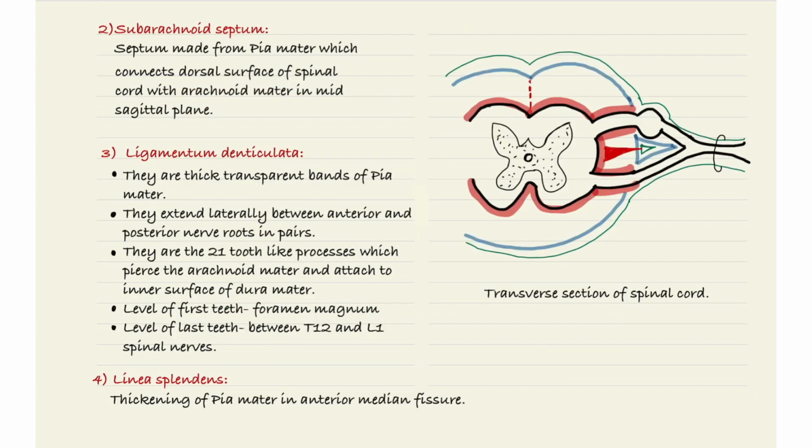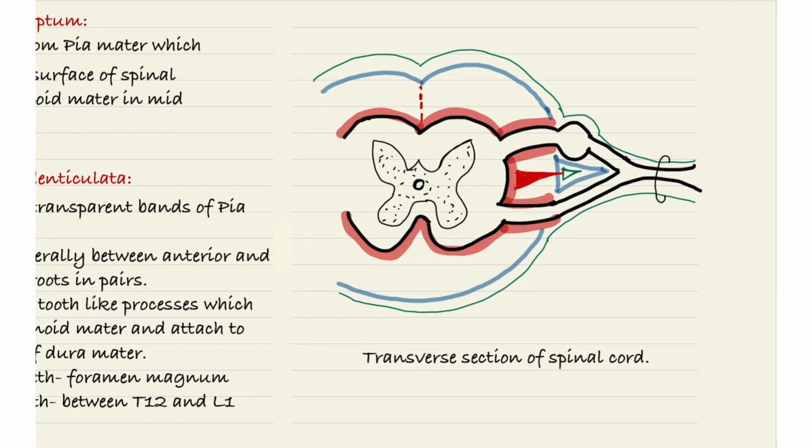Now the second one is the subarachnoid septum. A septum made from pia mater, which connects the dorsal surface of the spinal cord with the arachnoid mater in the mid-sagittal plane. To understand this, let's see this diagram first. The red part is the pia mater, blue one is the arachnoid mater, and this green part is dura mater.